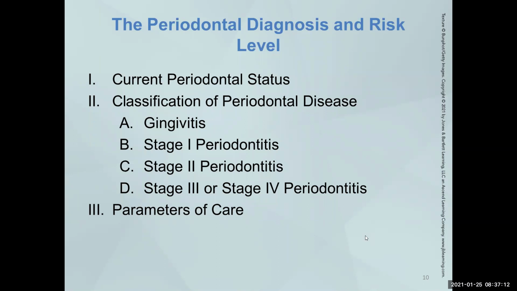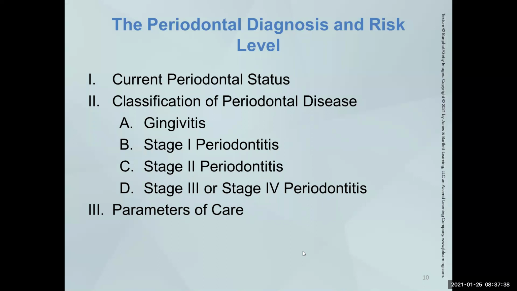So this is the ADA status, and this is going out of fashion because we're going to be using the AAP classification, which is the staging and the grading, but you're going to be learning both. I believe the second year students, the graduating class, rumor has it, is going to be the last class that is going to be having this on the boards.